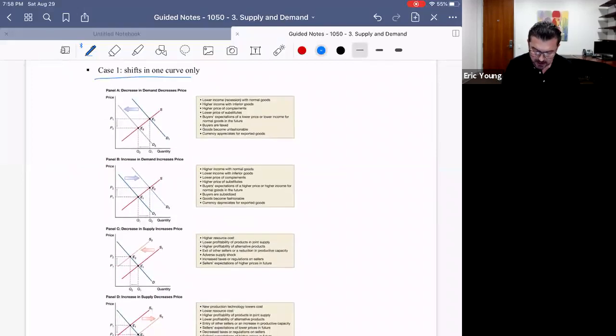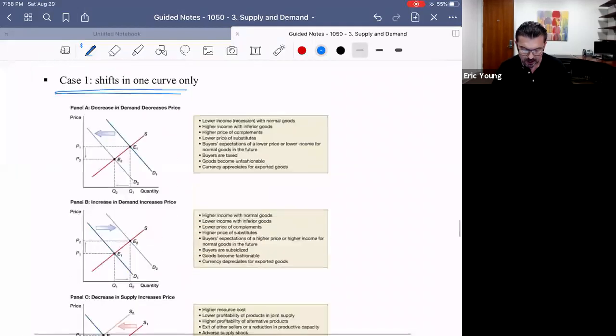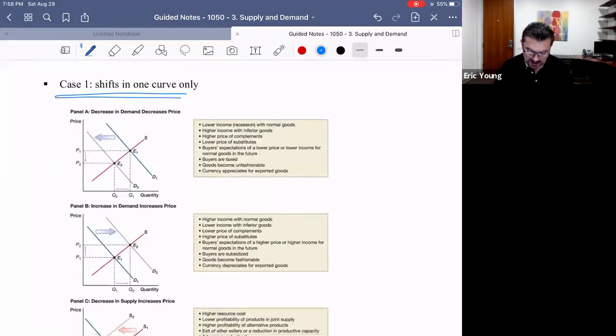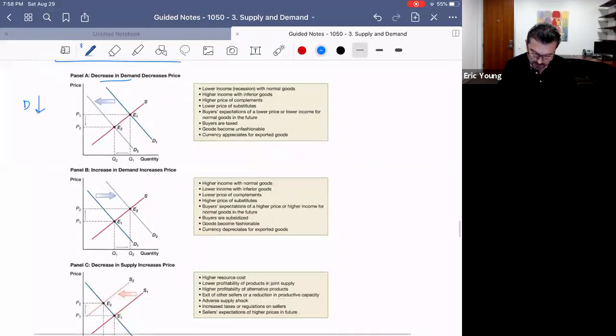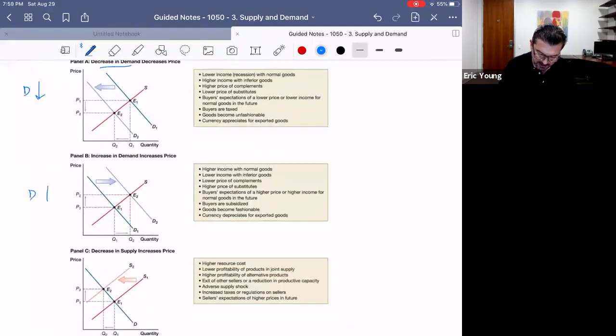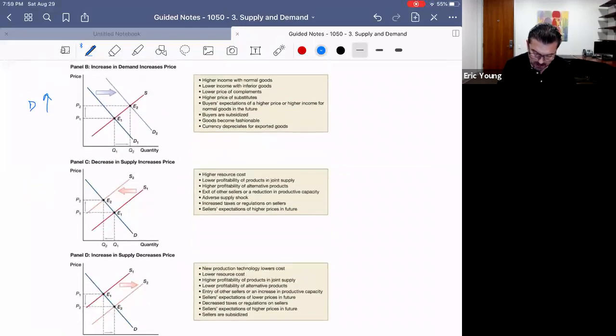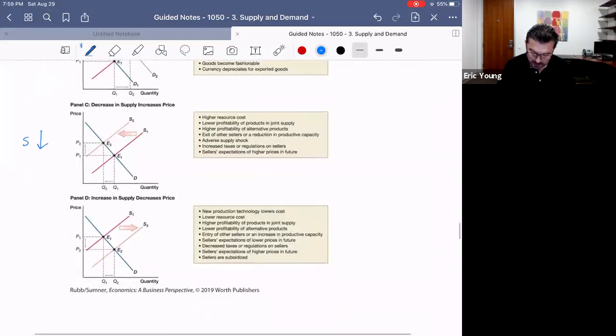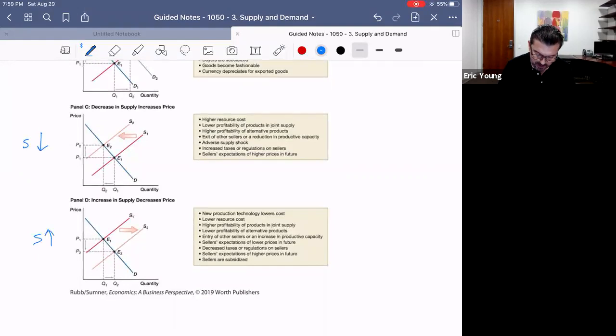Case number 1, shifts in one curve only. And I have given you here the 4 different cases. We have a decrease in demand, an increase in demand, a decrease in supply, and an increase in supply, okay?